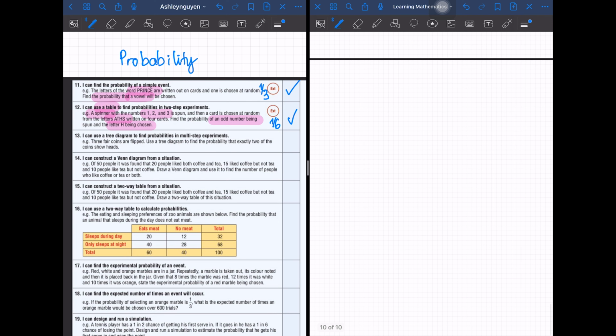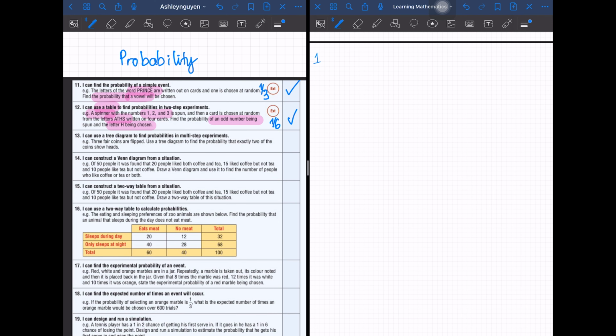Number 13, tree diagram. 3 fair coins are flipped. Use a tree diagram to find the probability that exactly 2 of the coins are heads. So whenever you flip a coin, you have 2 possible outcomes, heads and tails. So that is the first coin.